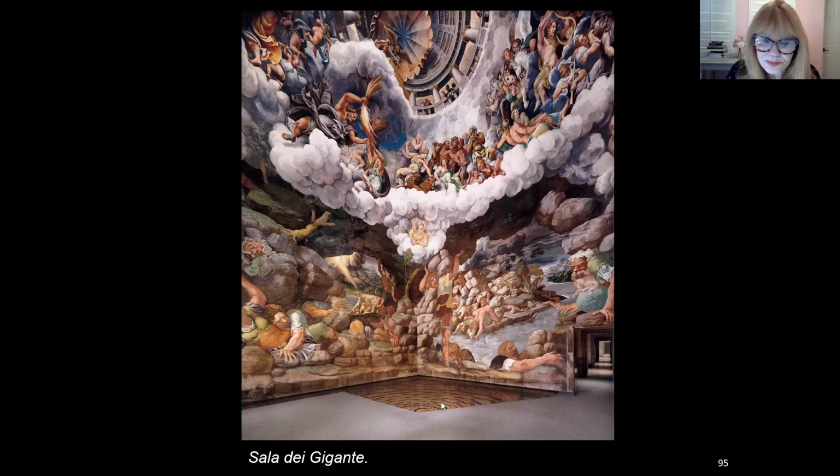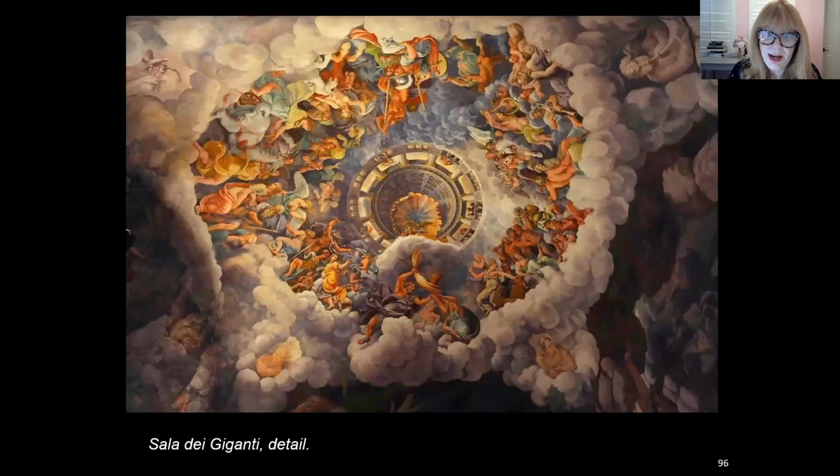So here are these various giants who are being conquered by Jupiter. And then here's the Olympian gods up here at the top. And then it goes all the way up to the ceiling where there's this big sort of shell figure and all of these various Olympian gods surrounded by the clouds.